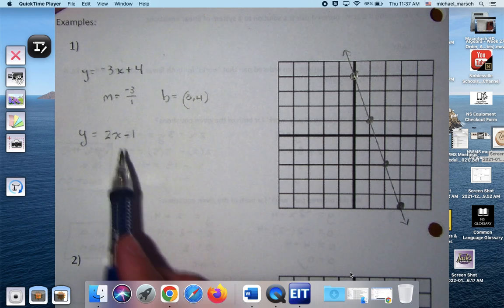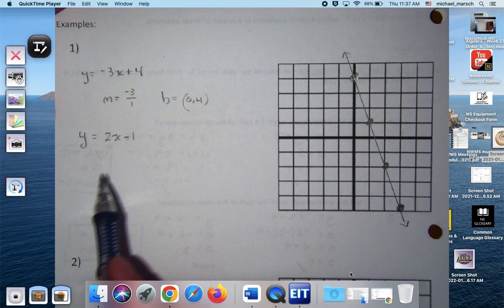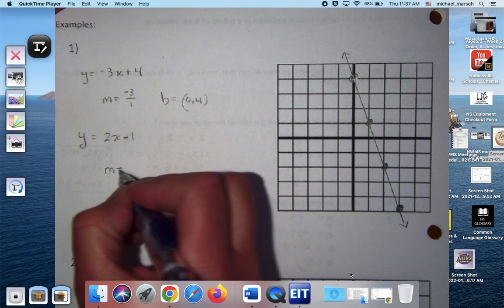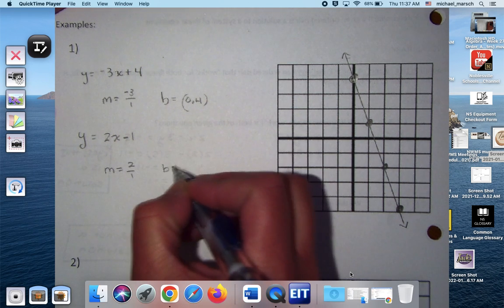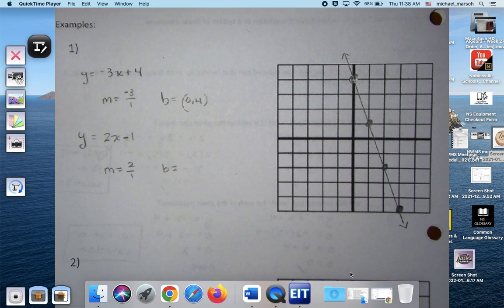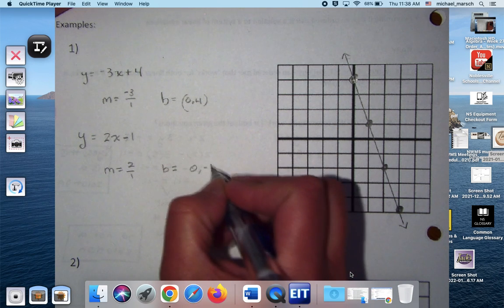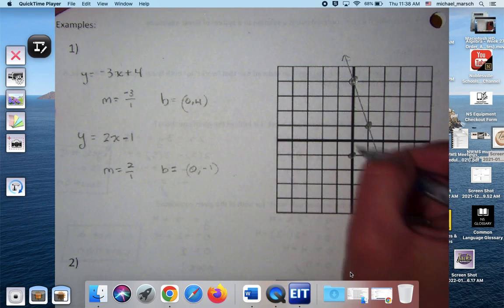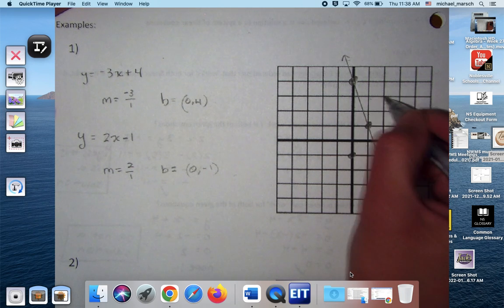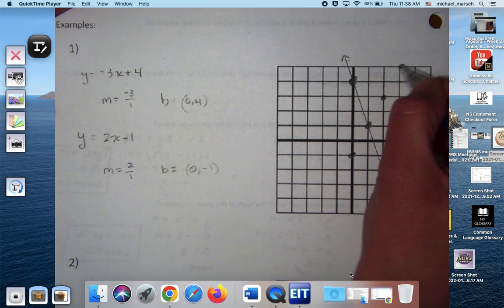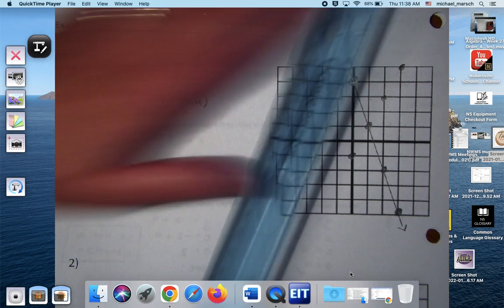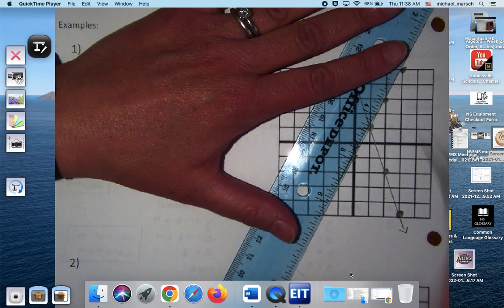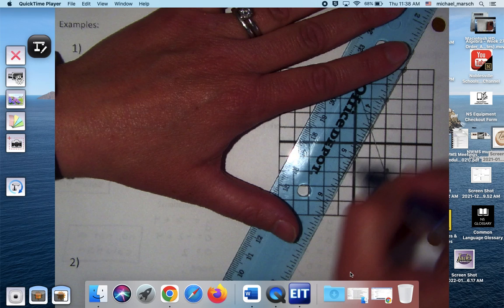All right, how about this second equation? What is my slope? 2 over 1. And what is my y-intercept? 0, -1. So I'm going to put a point here at 0, -1. I'm going to go up 2 over 1. Up 2 over 1.